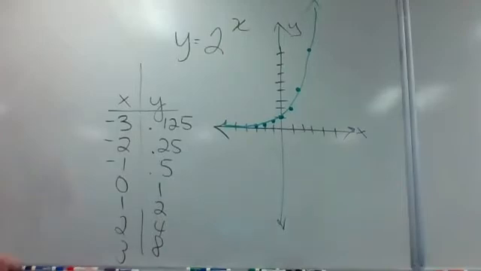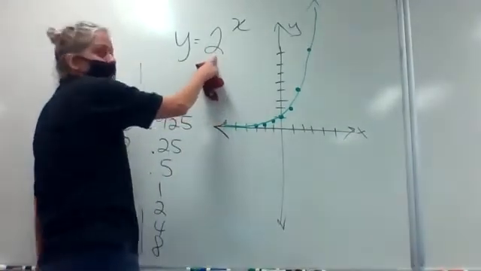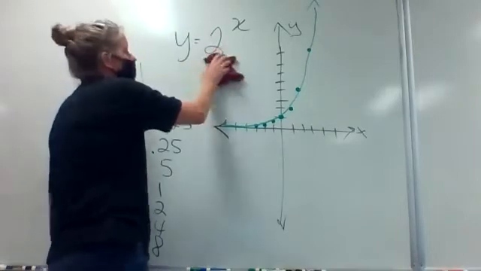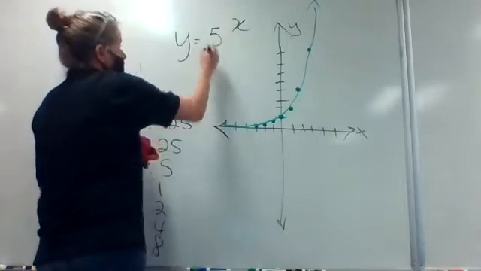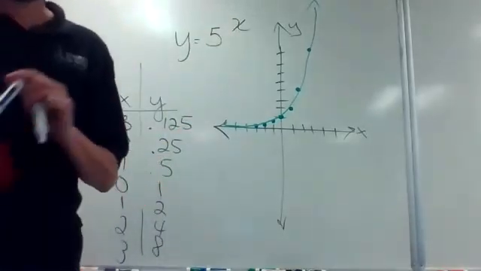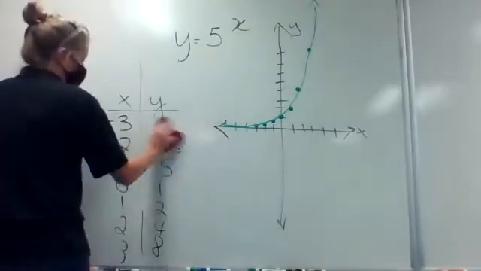Okay, number 4 on the sheet is actually the same exact problem. So I'm just going to erase this just to give another example to see what happens when this number changes. Let's just say it's 5. So still going to do my XY chart.